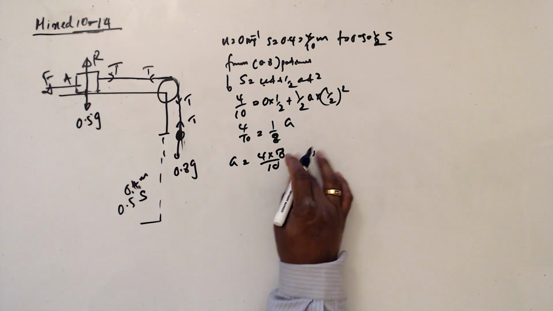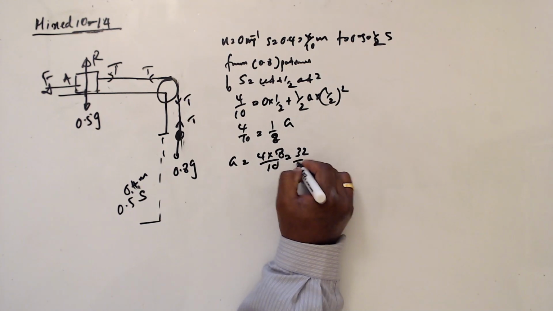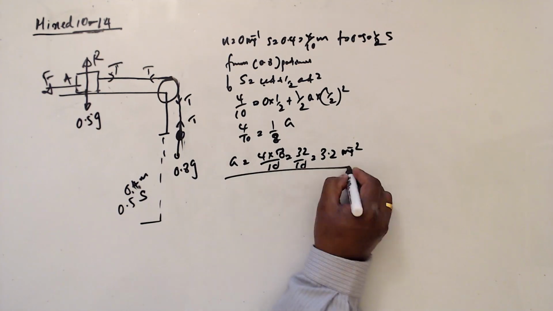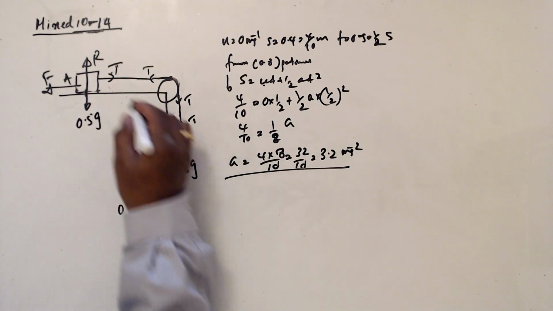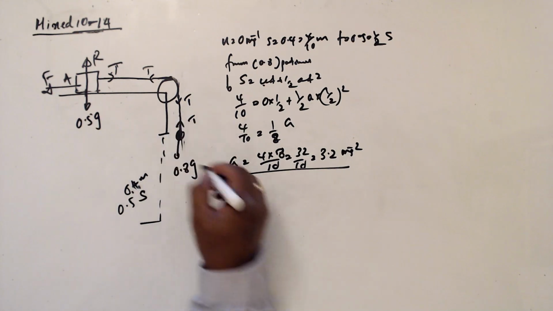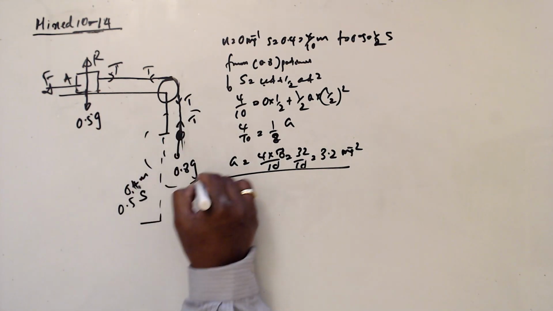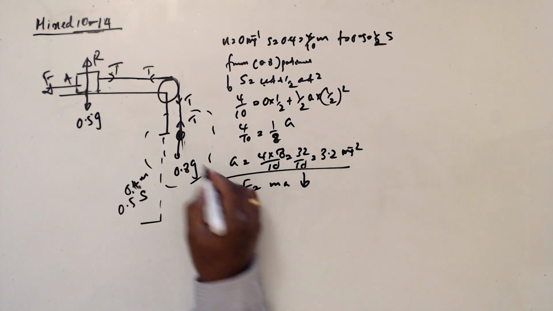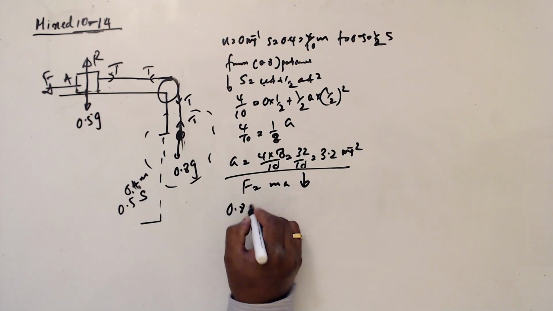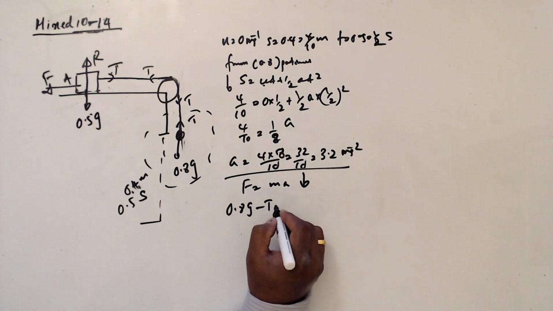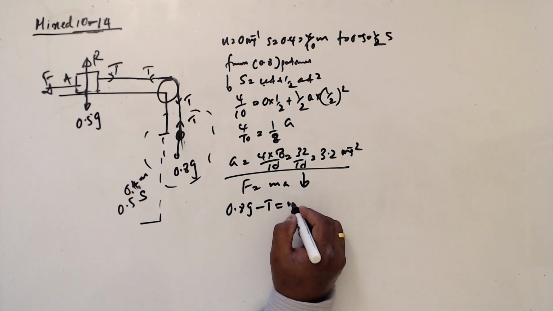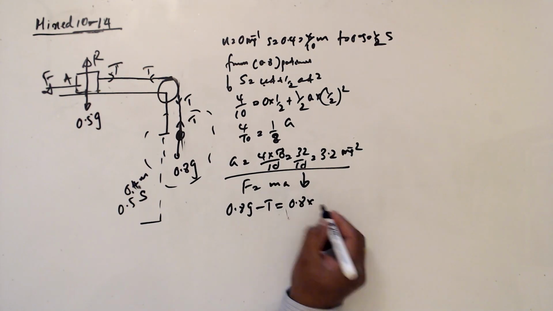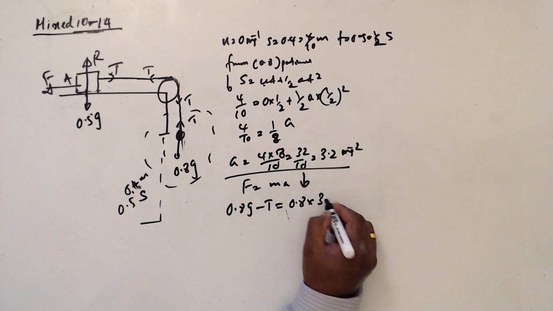So this is 32 over 10, that is 3.2 m/s². And now we have two equations. To find the tension, F equals ma downward: 0.8g is positive, T is negative, equals M times A. M is 0.8, and we found A is 3.2.